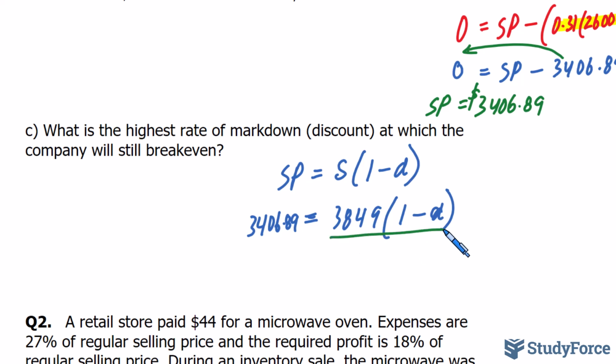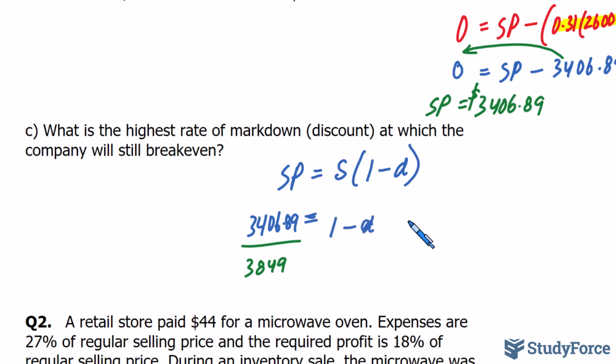Okay, let's go ahead and solve for D. We divide both sides by 3,849. That cancels out. And what this leaves us with is the following. We get 1 minus D on the right side and that fraction on the left side. I'll rearrange, so I'll bring the D over and bring that over.